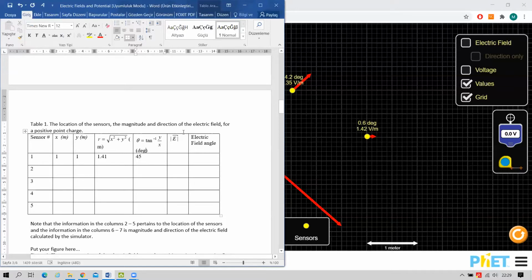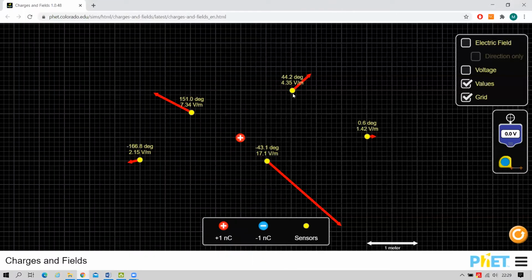And the next column shows the strength of the electric field. For the strength of the electric field, you just come over to the simulation and you can read whatever it is. Written as the second number on the first sensor, it shows 4.35 volts per meter.